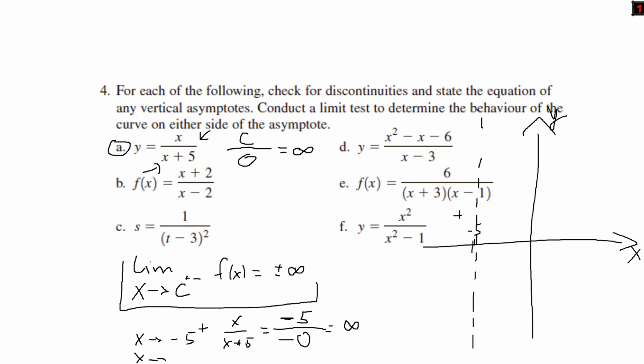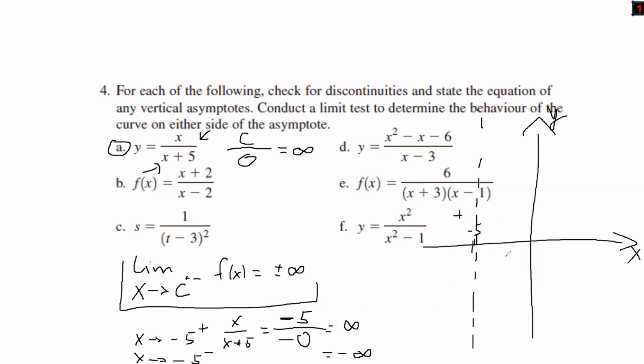Now, the second case, when x travels to negative 5 from the right side, we would have slightly more positive numbers than negative 5, or negative 4.9, for instance. Am I correct? So we're going to have a negative number on top divided by a positive number, which will result in negative infinity. Is it clear?